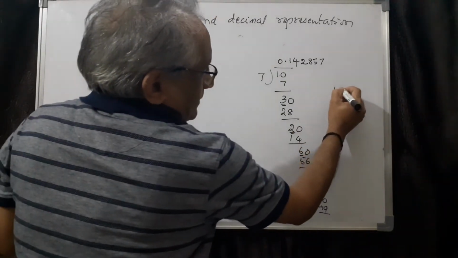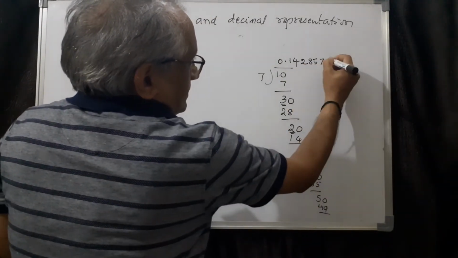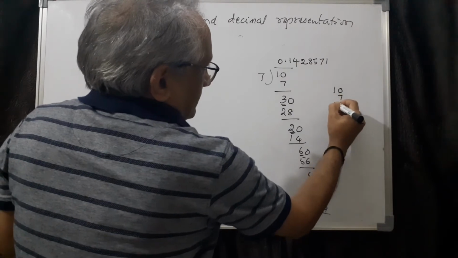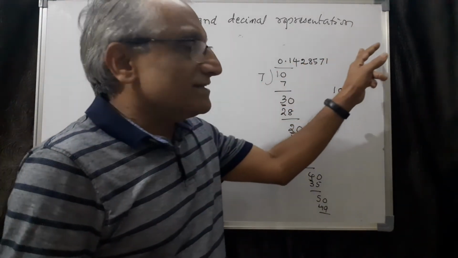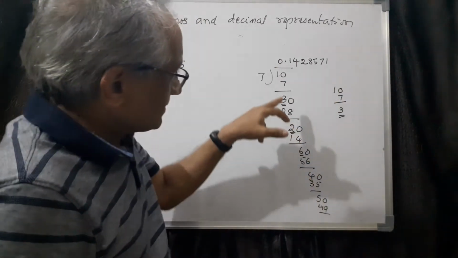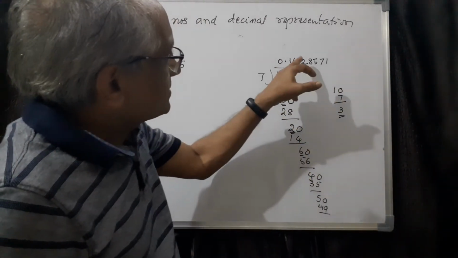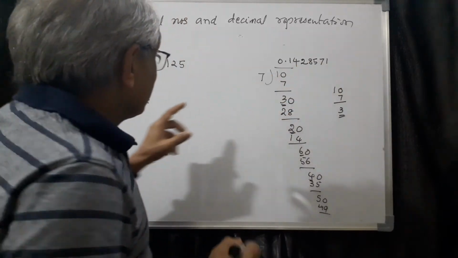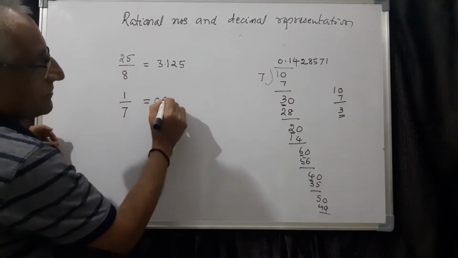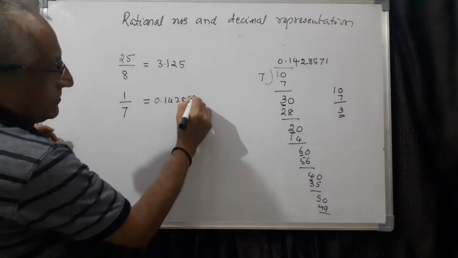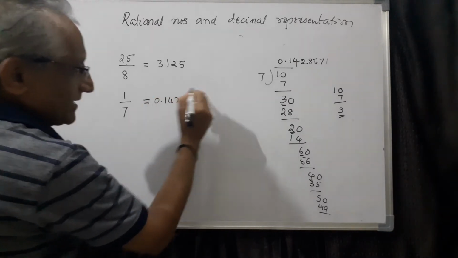See, once again when you take this, 7 ones are 7, so this 3 repeats. That means afterwards the same thing repeats. You can see the same remainder repeats here, so the same thing happens here also. So this is once again never ending, non-terminating, but it is 1, 4, 2, 8, 5, 7, then once again it repeats. Therefore you can write it like this.